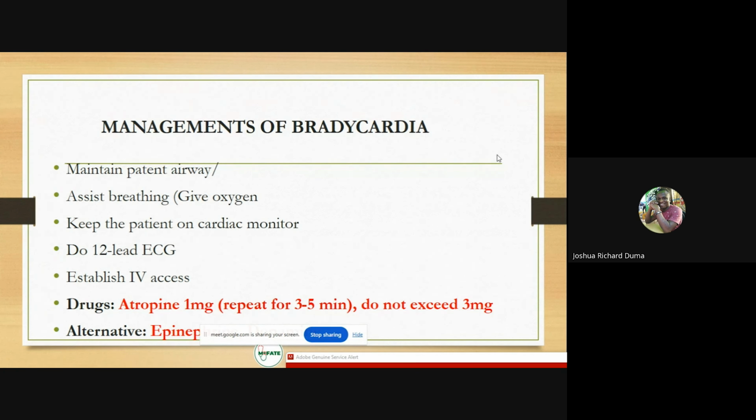The patient could be having poor perfusion, specifically in the lungs, in the brain, etc. So the first intervention, you need to maintain a patent airway. Then the other thing, you need to oxygenate the patient. You give oxygen.